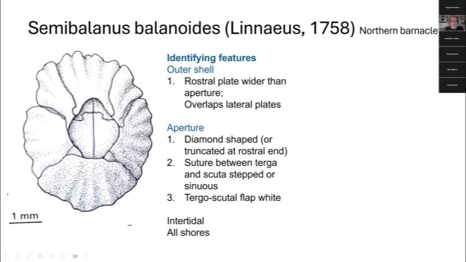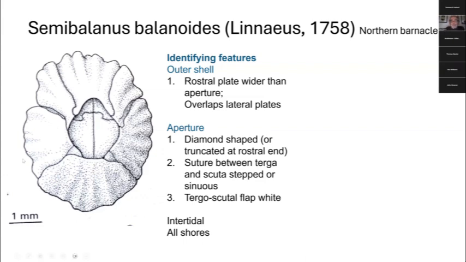One of the main things you can tell Semibalanus by is the rostral plate at the front end, which is wider than the aperture. Here's the aperture and here's the rostral plate, and it overlaps the lateral plates to either side. That's a big characteristic of Semibalanus balanoides and one or two other species as well.